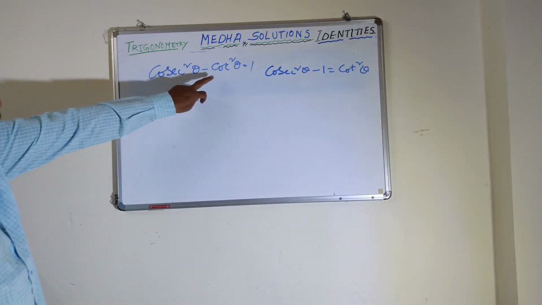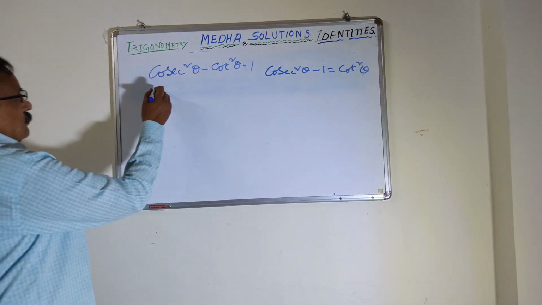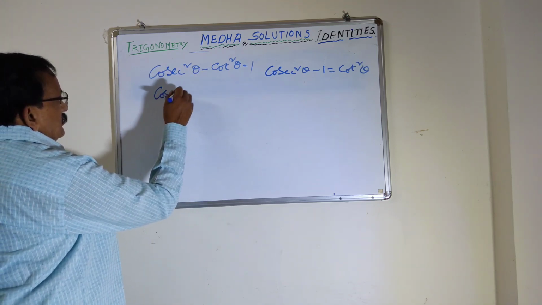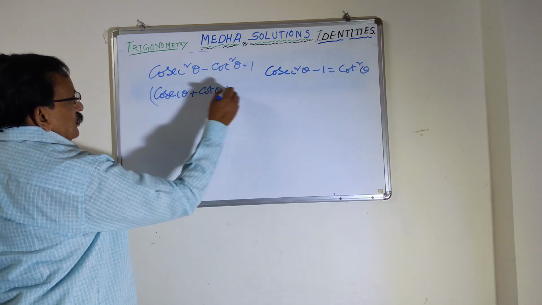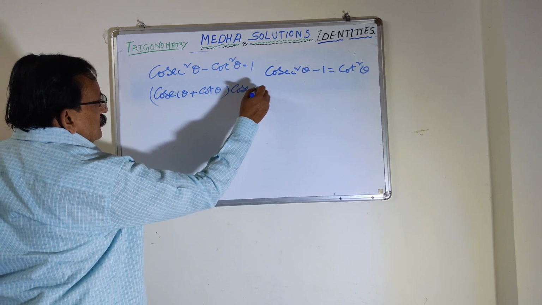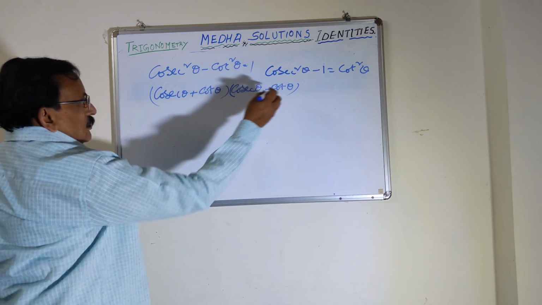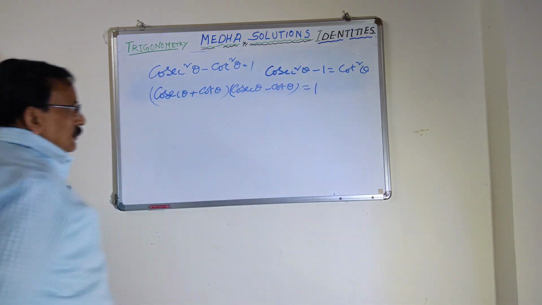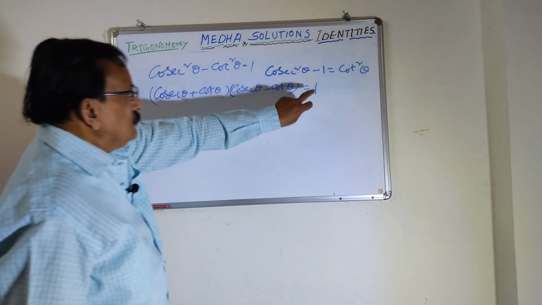And then here, this is again a square minus b square: cosec theta plus cot theta into cosec theta minus cot theta is equal to 1. Keep this thing here and transfer the other value to this side.